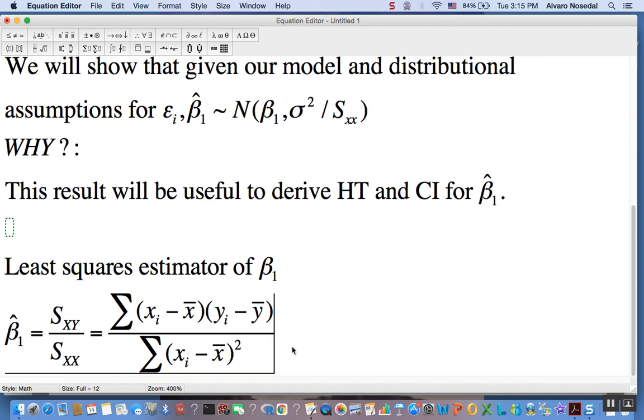Because we know that the yi's have a normal distribution, and from Statistics 256, from Statistics 260, we know that a linear combo of normals is normal, and that would be something that we could easily show using MGFs, for instance.